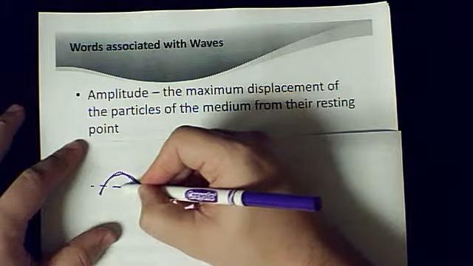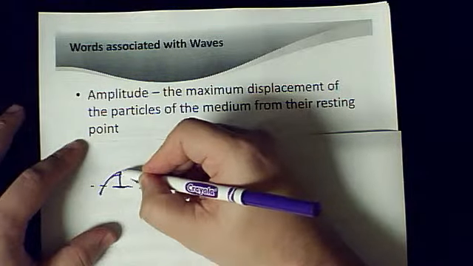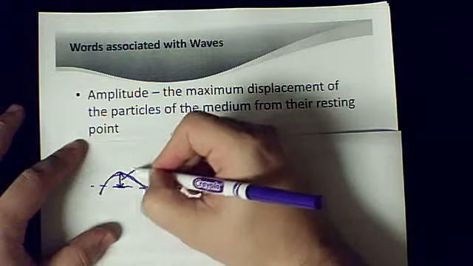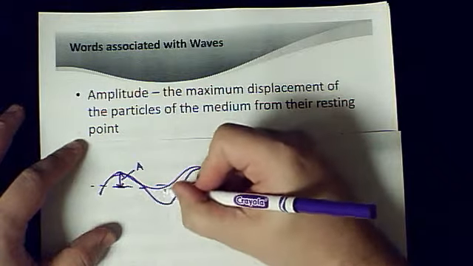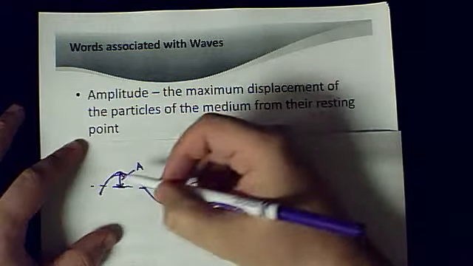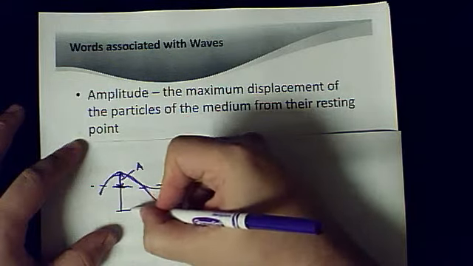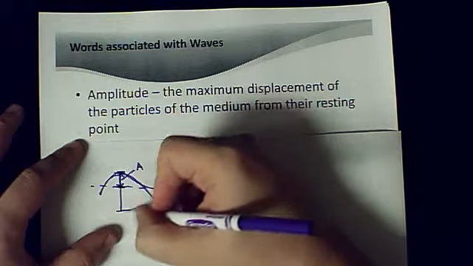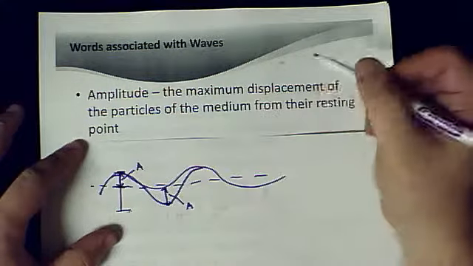The amplitude is the distance from the equilibrium point to the highest point of the wave. That is your amplitude. This is also your amplitude. What is not your amplitude is that distance from here to here. That is not the amplitude.